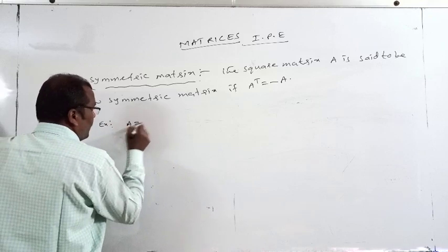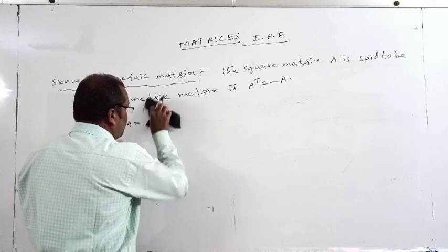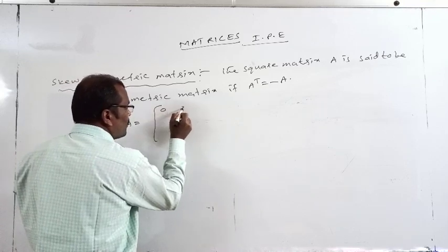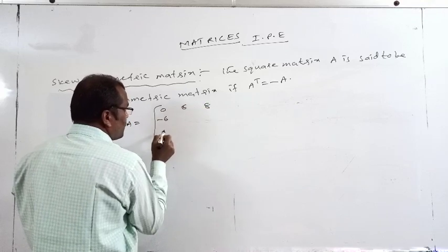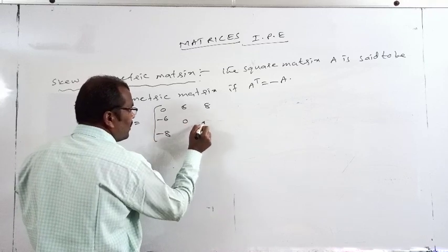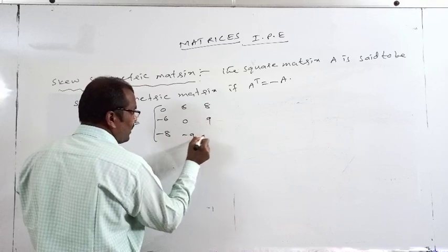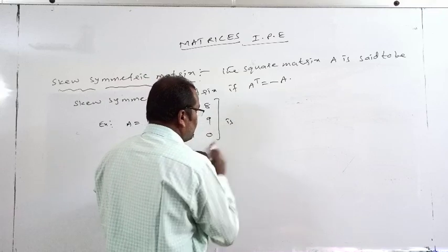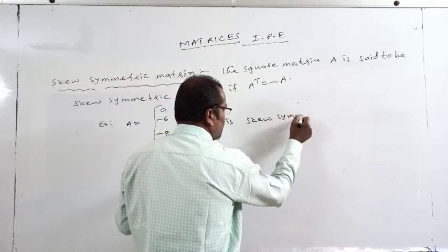Example. A is equal to 0, 6, 8, minus 6, 0, 9, minus 8, minus 9, 0 is a skew symmetric matrix.